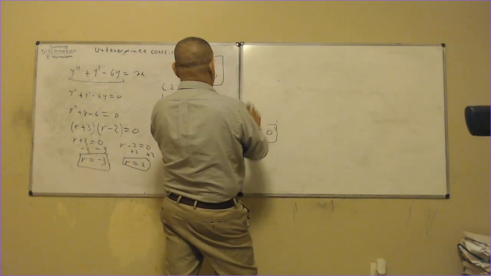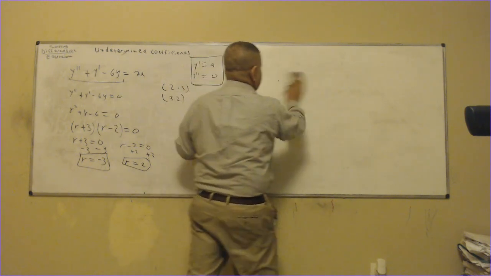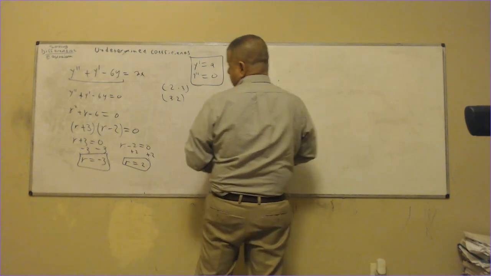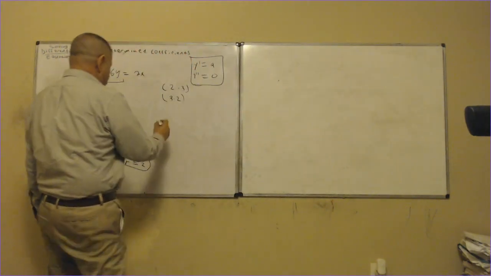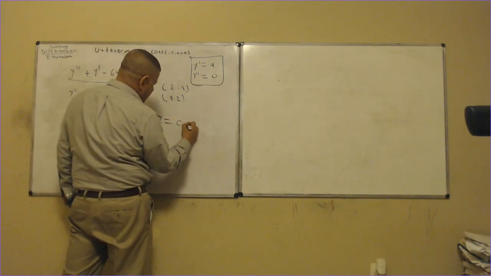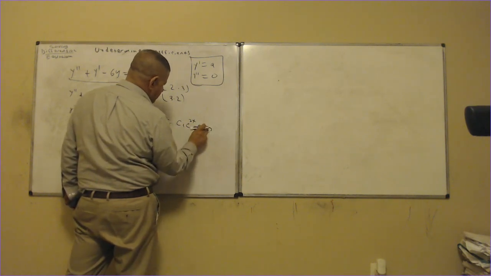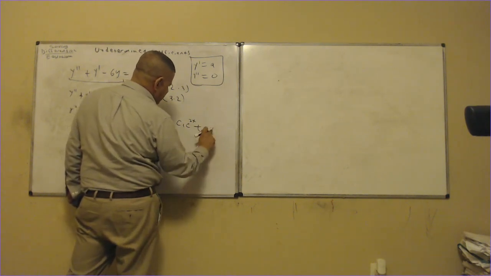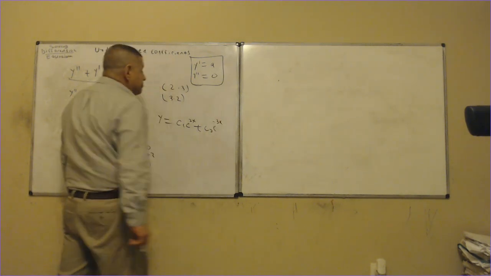Okay. So basically, my solution was y equals c1 e to the 2x plus c2 e to the minus 3x, right?